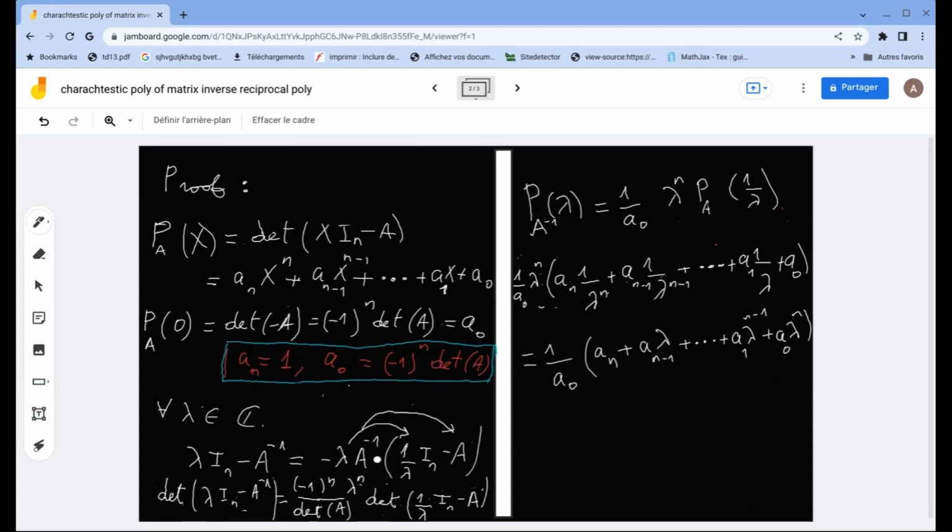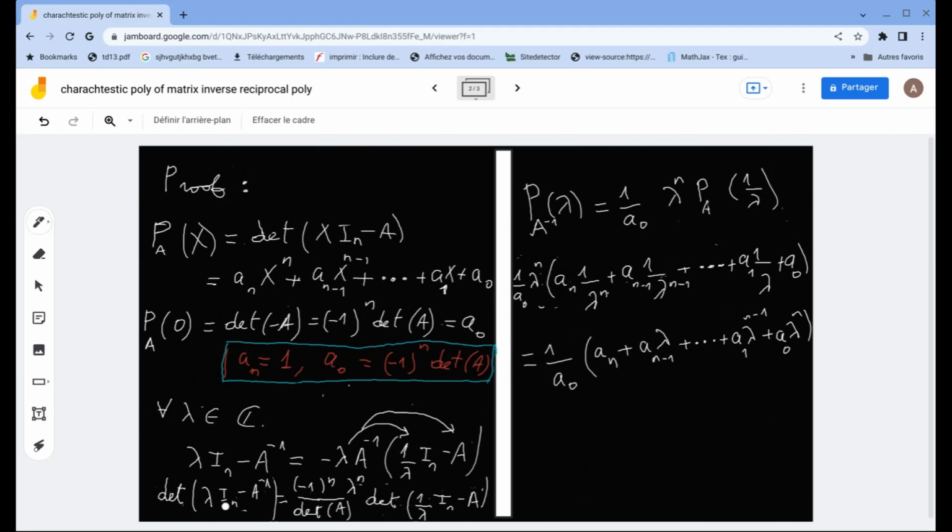determinant of A inverse, but the determinant of the inverse of a matrix is the inverse of the determinant. So minus 1 power n, I can put it in the denominator, it doesn't change, and then in the denominator I will have a0.